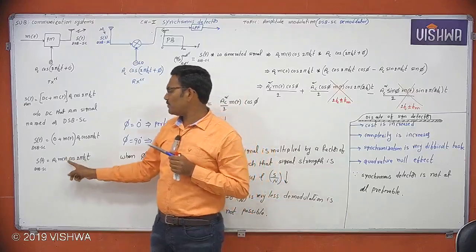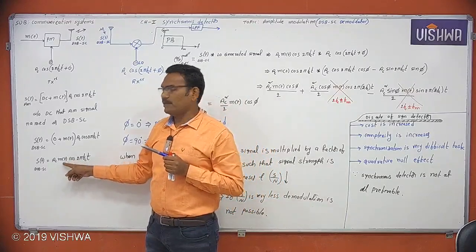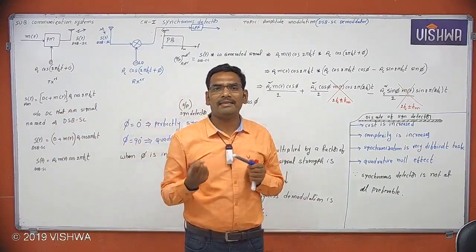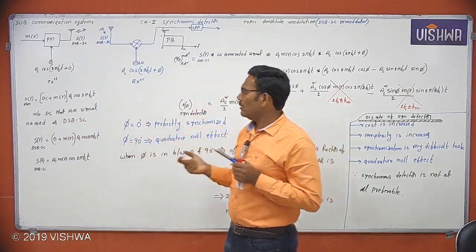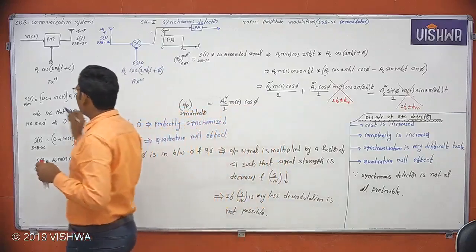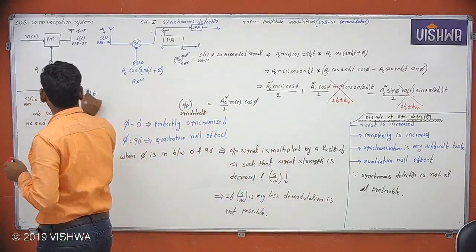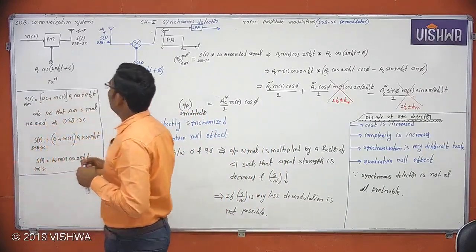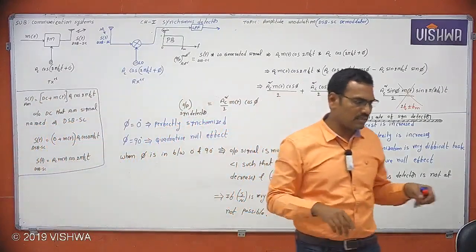There are two sidebands, FC plus FM and FC minus FM, and since DC is 0, the carrier component is also 0. This is the DSBSC signal, double sideband suppressed carrier signal. You know that. So now the demodulator of the DSBSC signal.